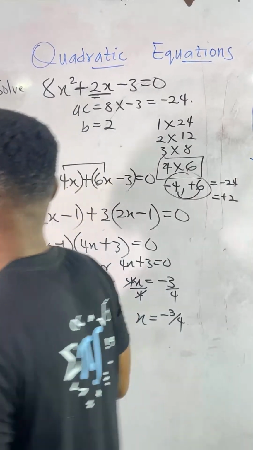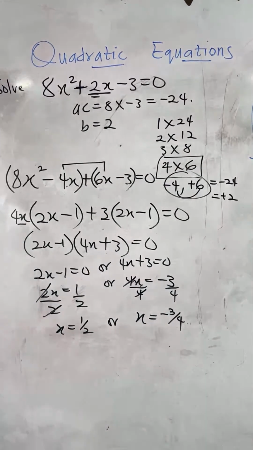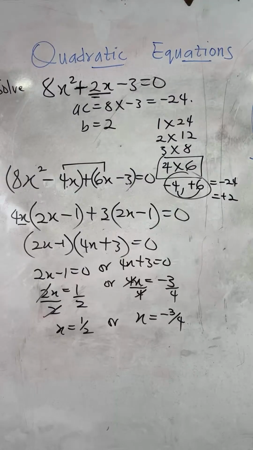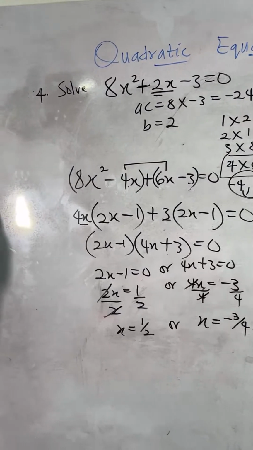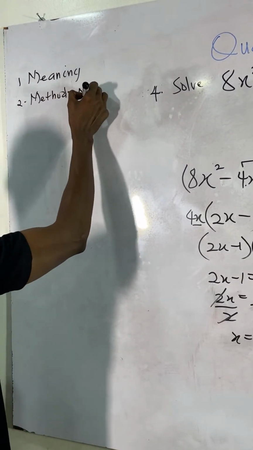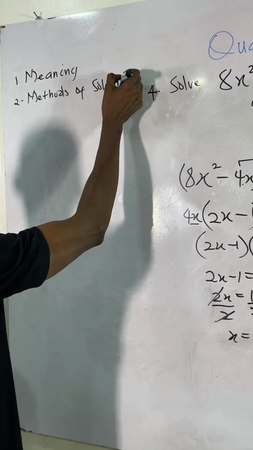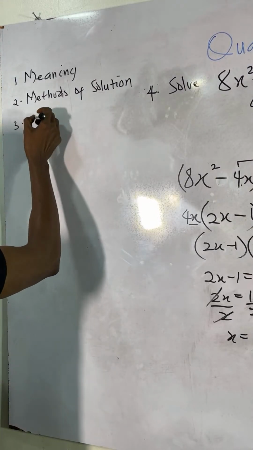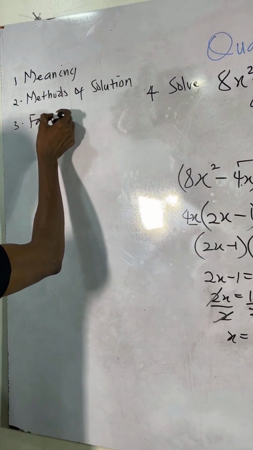Okay, so we'll move to another method of solution. Okay, let me put our activities here. So we looked at meaning, we looked at methods of solution. Now we've looked at factorization.